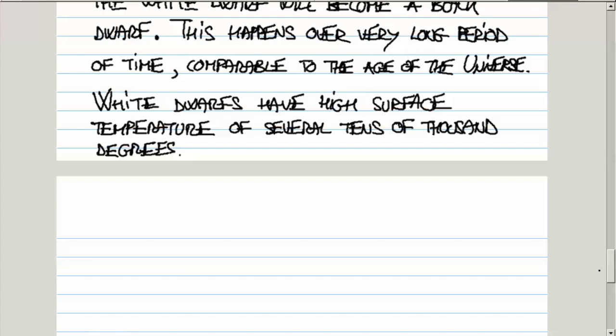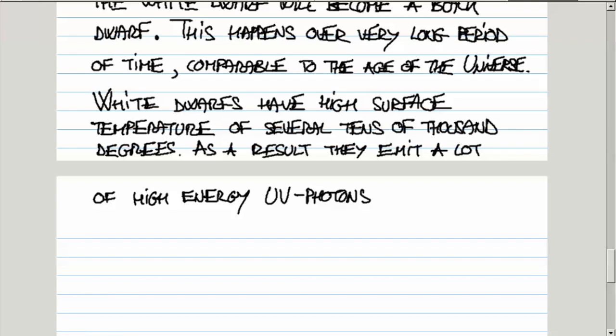The higher the temperature, the shorter the wavelength of the light which carries most of the energy. So white dwarfs are so hot that they emit a lot of energy at short ultraviolet wavelengths. And these ultraviolet photons have enough energy that when they hit the atoms in the planetary nebula, they will excite electrons in those atoms into higher energy states.